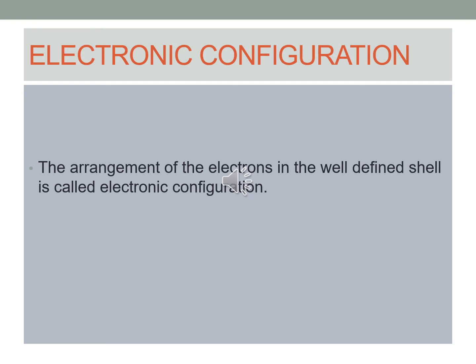Each shell, whether K, L, M, N or O, can have a maximum of 2n squared electrons in it, where n is the shell number.